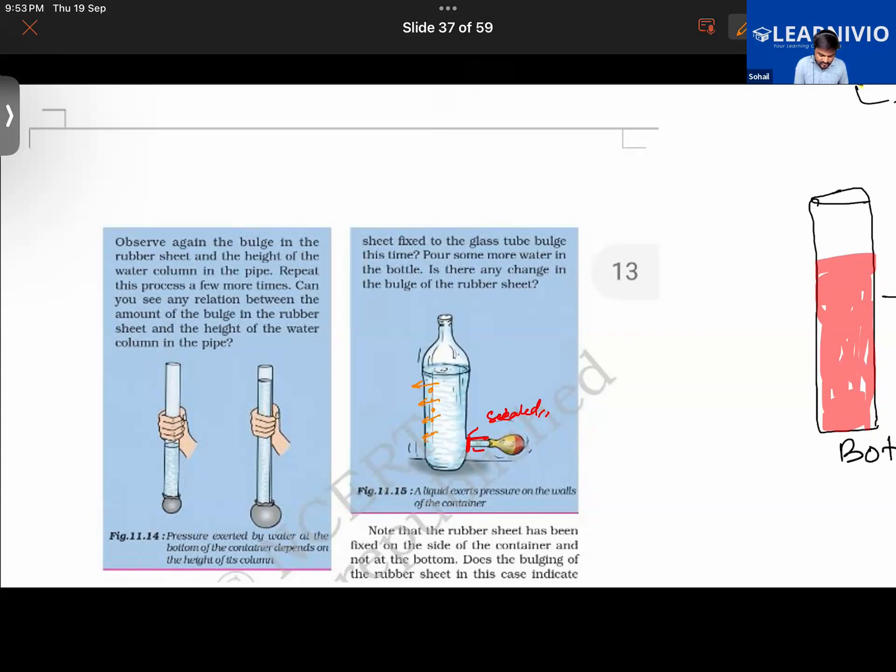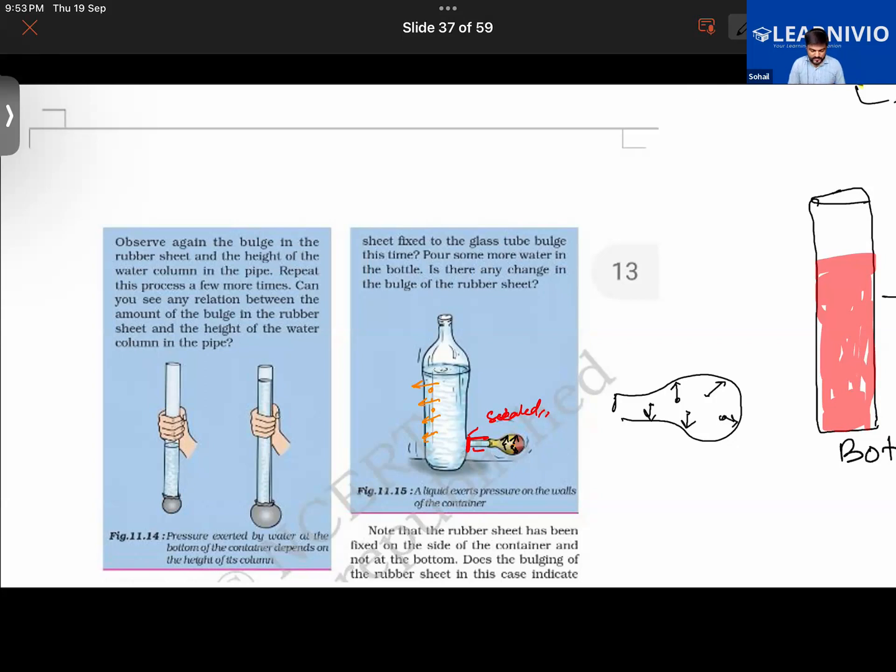That's why the balloon starts to expand.